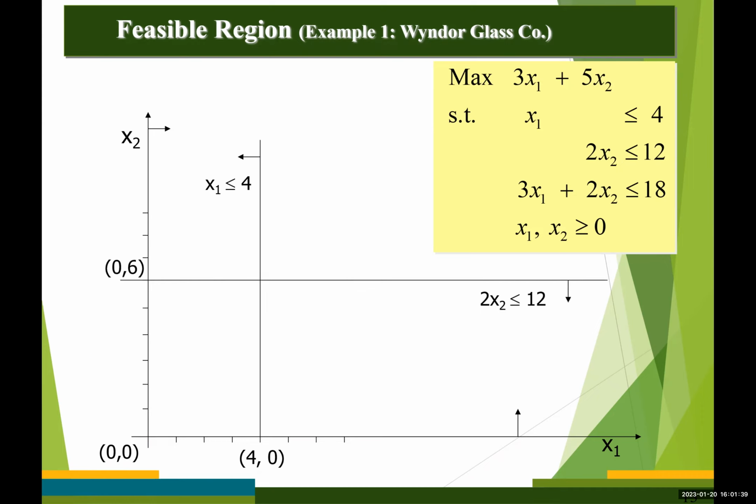Likewise, the restriction 2x2 is less than or equal to 12 implies that the line 2x2 equals 12 should be added to the boundary of the permissible region, right? So far, our feasible region would be this rectangle.